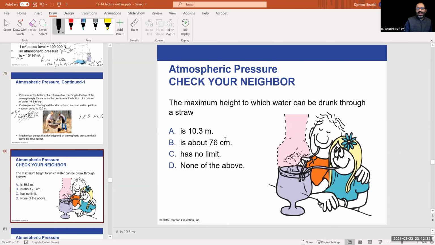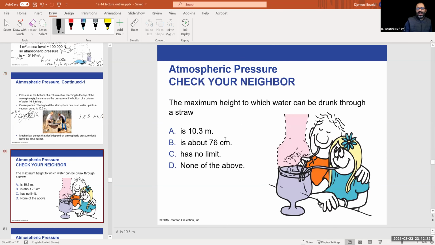No matter how much power you have, you can never drink from a well that is deeper than 10 meters, 10.3 meters, because that's the maximum that you can use a mechanical device to bring the water up from that depth, because that relies on atmospheric pressure.